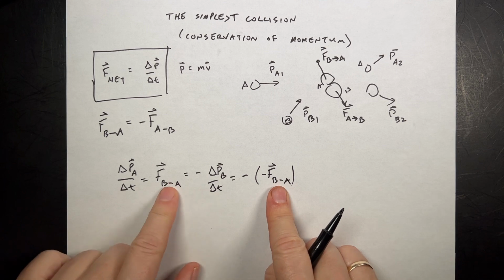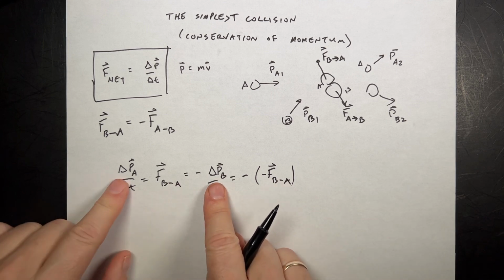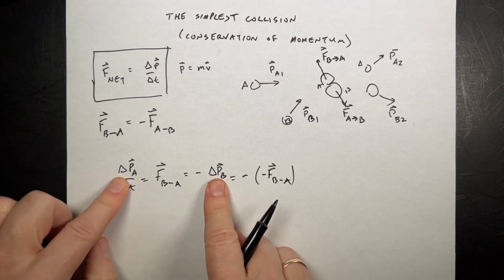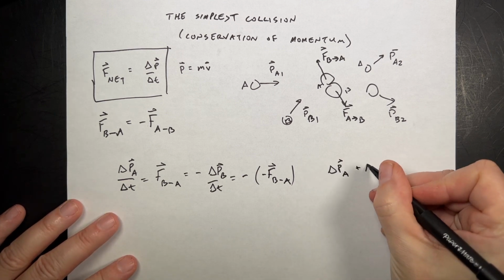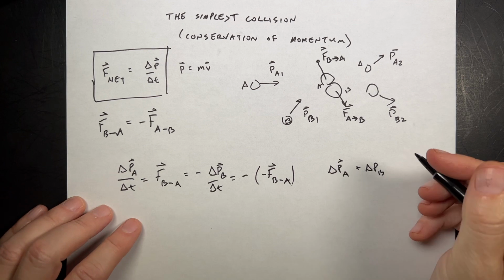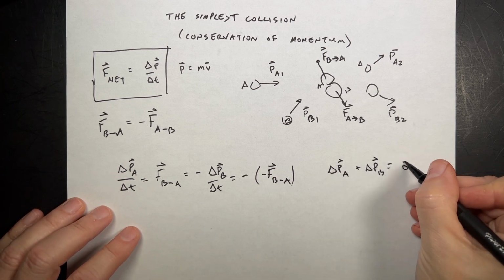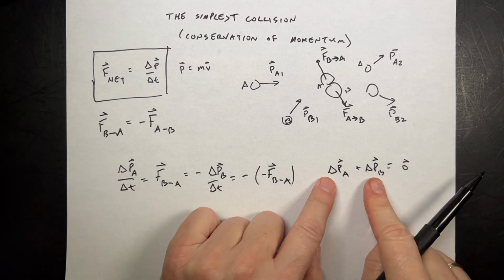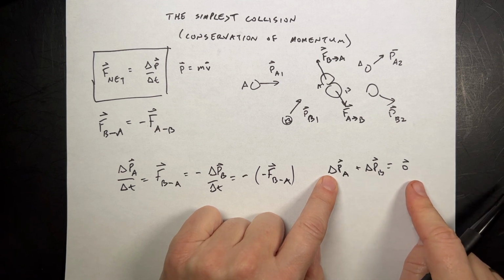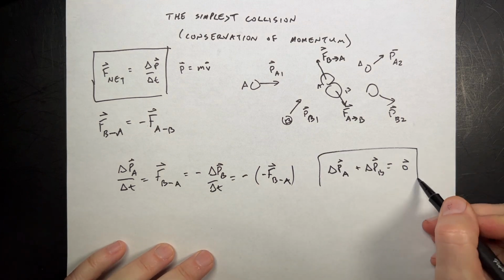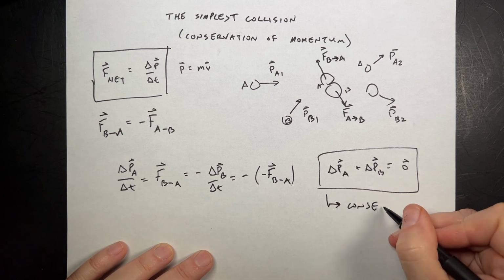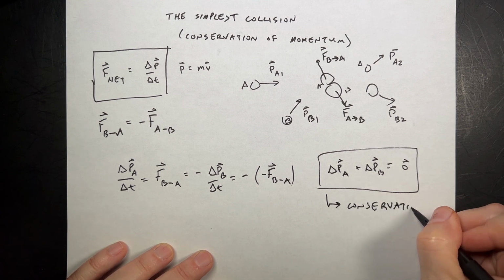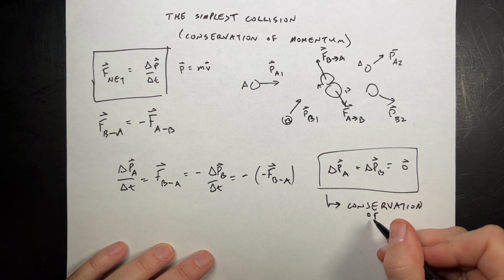So since they're equal and opposite forces, their changes in momentum have to be equal and opposite. Or you can say delta PA plus delta PB, and the times are the same, is equal to 0. Right. Or the total momentum before is equal to the total momentum afterwards. This is conservation of momentum. Conservation of P, I'll just put it.